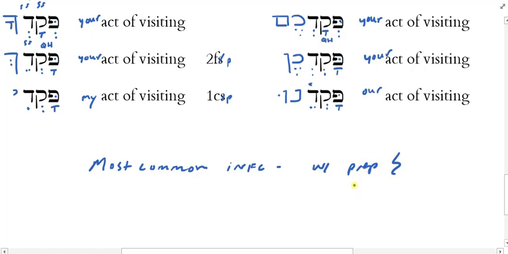After that, probably with a preposition bet and a pronominal suffix attached to it on the back side. So the preposition will go on the front of the infinitive and the pronominal suffix will go on the back. Okay? And we're going to see what the semantic value of all that is in just a moment. It isn't very normal to see the infinitive construct just hanging out by itself without a preposition attached to it. You do see it, but not as frequently.